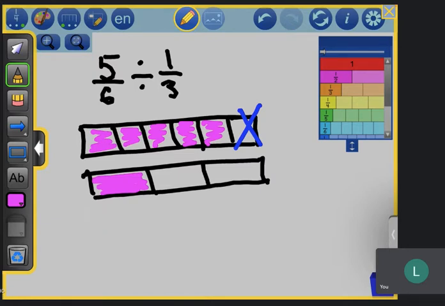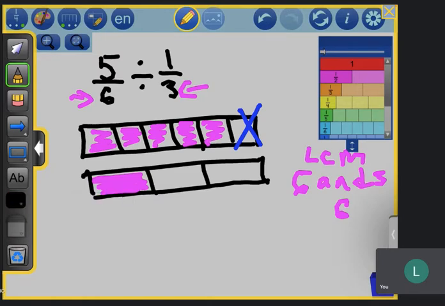Okay, so I'm going to use the LCM of 6 and 3, my denominators. And that is 6. So I want to make my models into sixths. I already have this in sixths, so I don't have to do anything here.